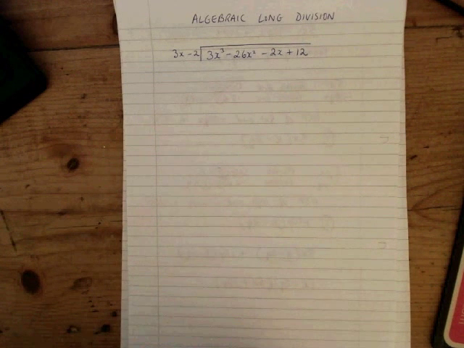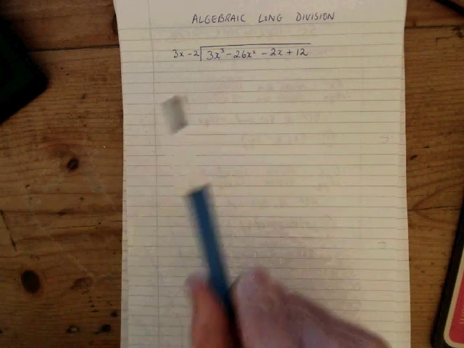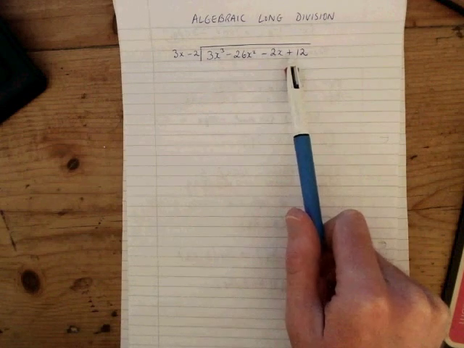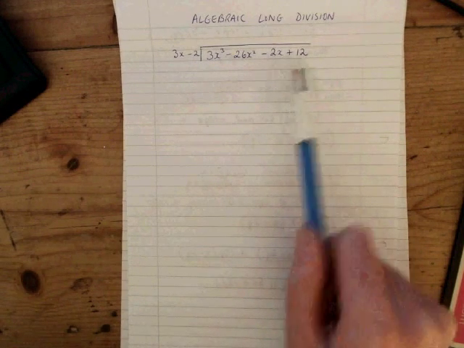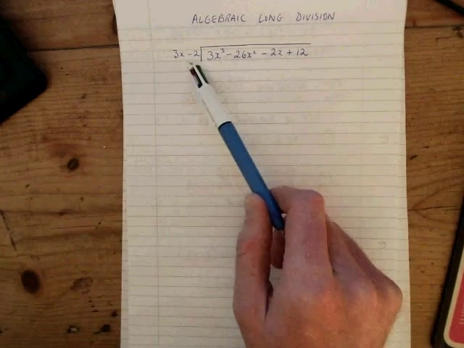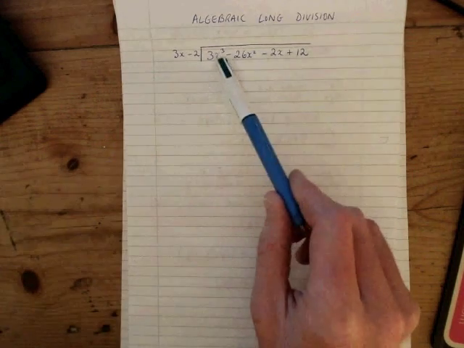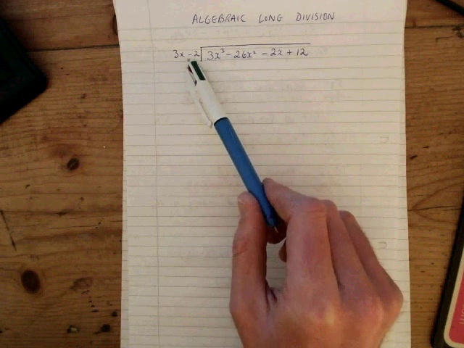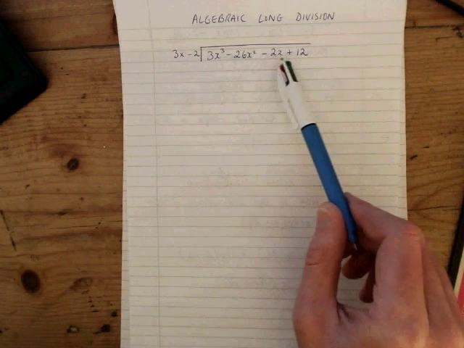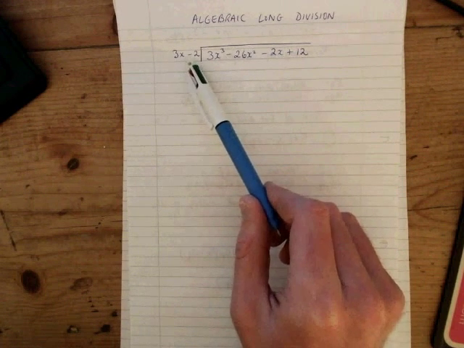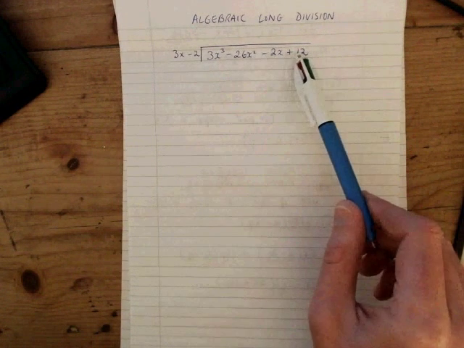So what algebraic long division is trying to do is, you're given an expression, 3x cubed minus 26x squared minus 2x plus 12, and you're given a factor of that, 3x minus 2. They won't necessarily say it's a factor, but if something divides into something else evenly, that means it's a factor of it.